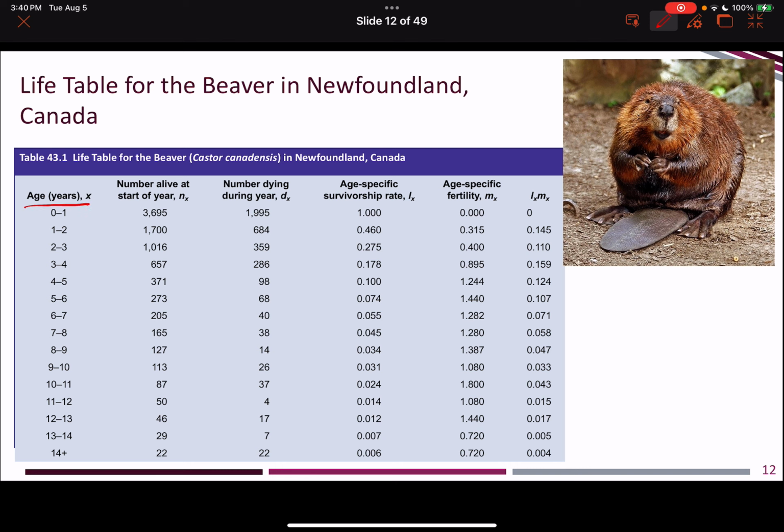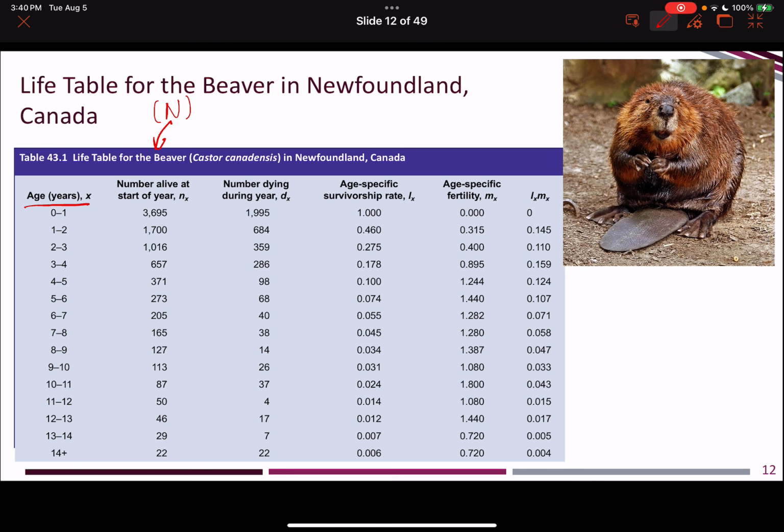So this particular chart is broken up into single year increments. You can see population size, so the number that are alive, this would be our N. We're going to use N to denote population size very frequently. So whenever we use an equation for ecology and you see N, that's going to indicate the population size.